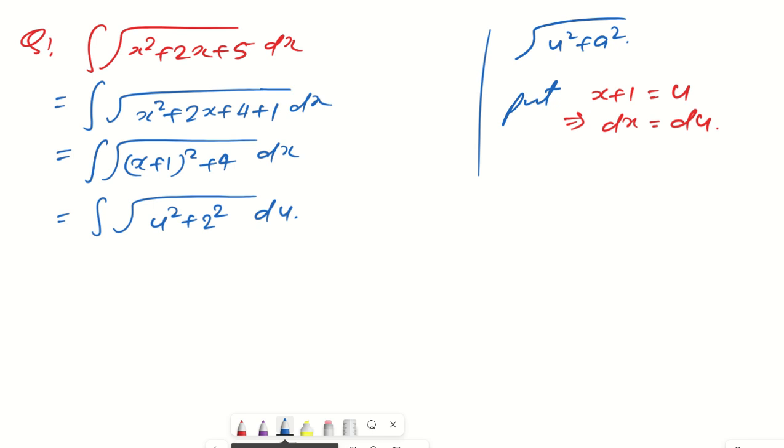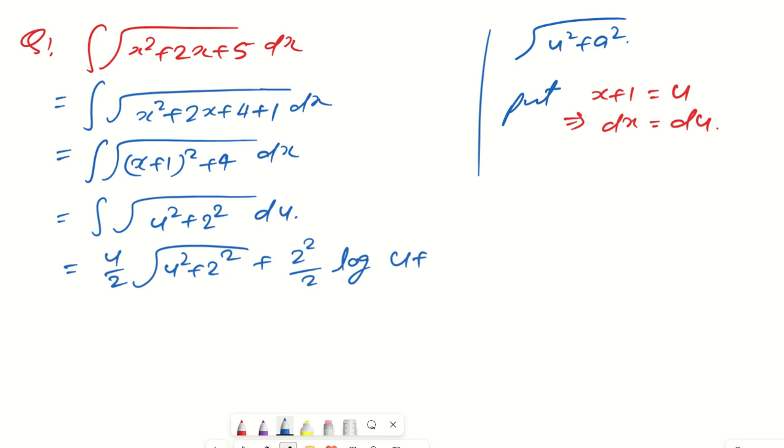Now if we see that, then you know already that this is going to be u by 2 square root of u square plus 2 square plus a square by 2, that is 2 square by 2, log of u plus square root of u square plus a square. Okay, so this is my solution. Or it can also be written with u replaced by x plus 1.